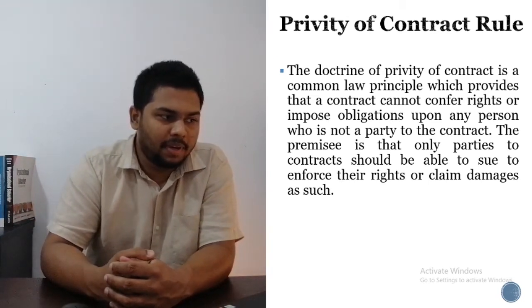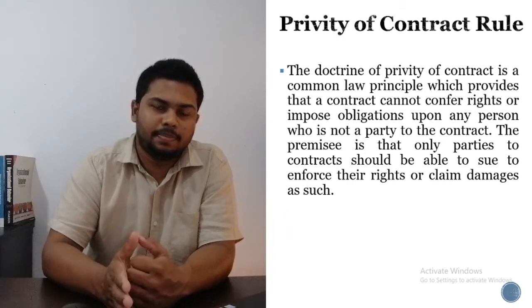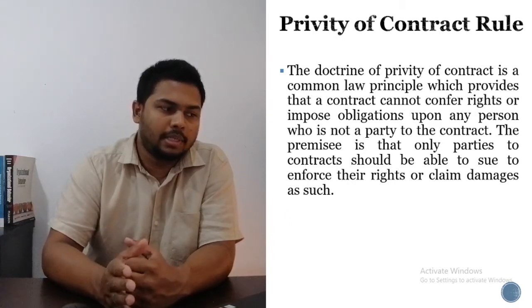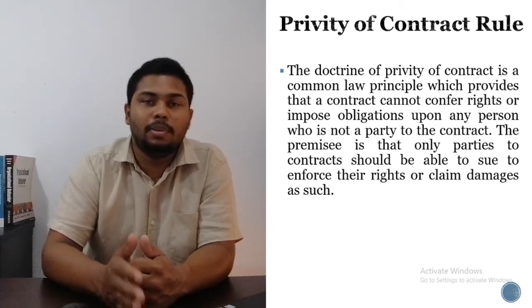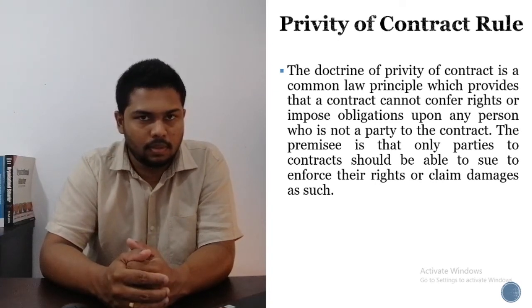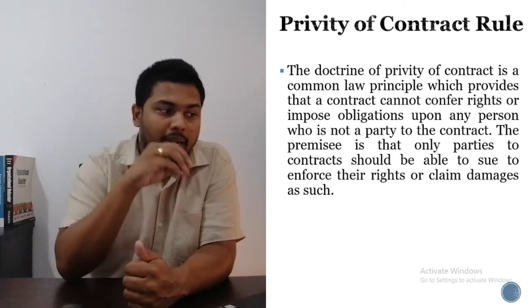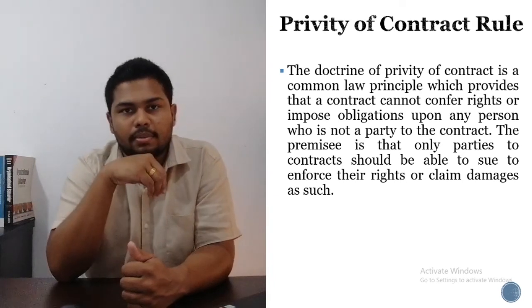The doctrine of privity of contract is a common law principle which provides that a contract cannot confer rights or impose obligations upon any person who is not a party to the contract.